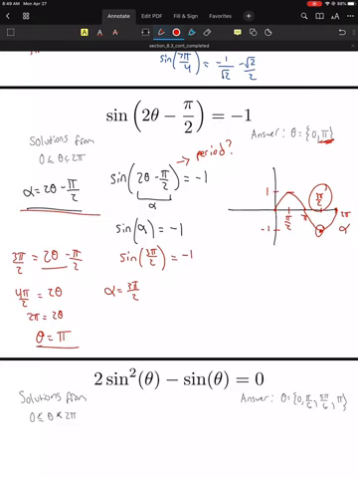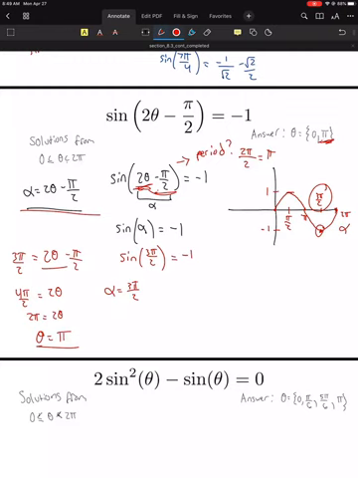If you think about what kind of shifts are going on, this minus pi over 2 is a horizontal shift to the right by pi over 2. So that's not going to change the period. But what will change the period is this 2 theta. The original period of sine is 2 pi, but for this function, because we have 2 theta, it's always going to be 2 pi divided by whatever is in front of the theta. So here it's going to be 2 pi divided by 2, or pi.